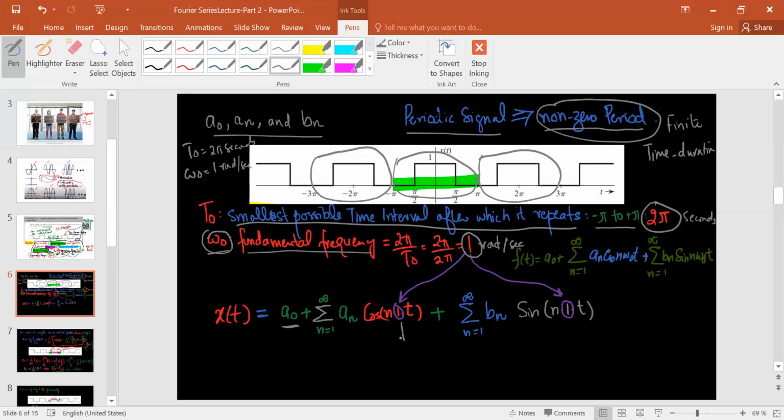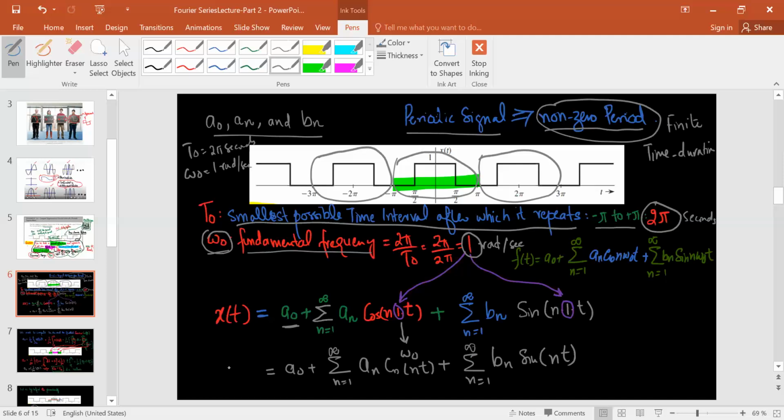Now keep in mind omega naught is 1, so this becomes cos nt, plus the summation n equal to 1 to infinity of b n, the weight of the sine nt.